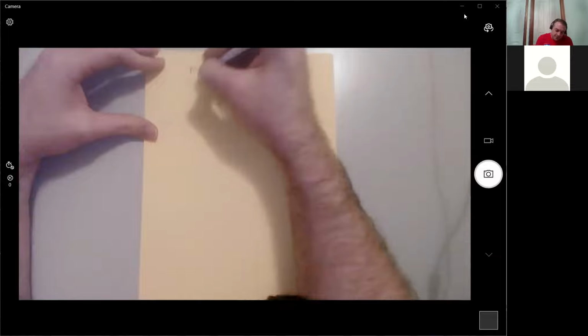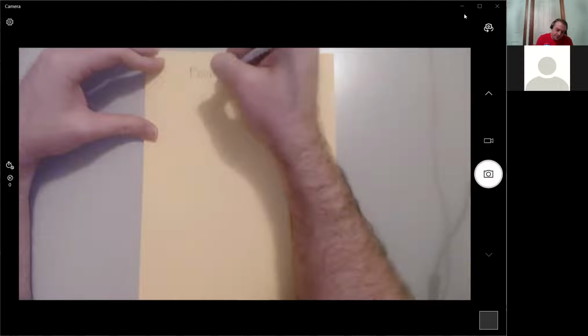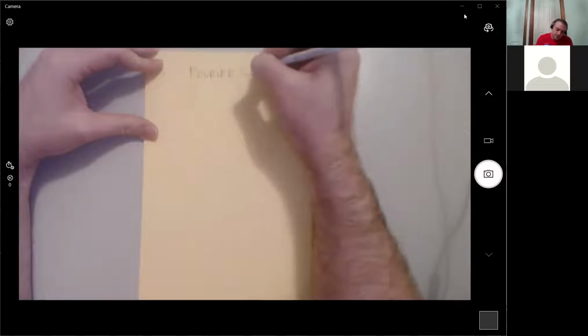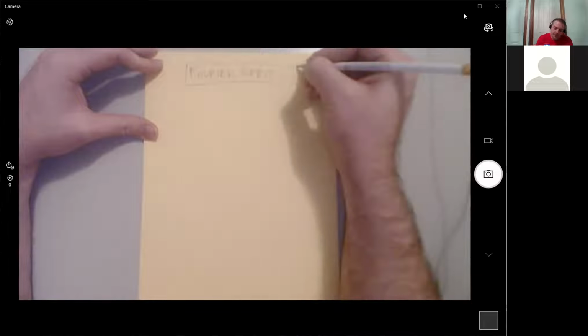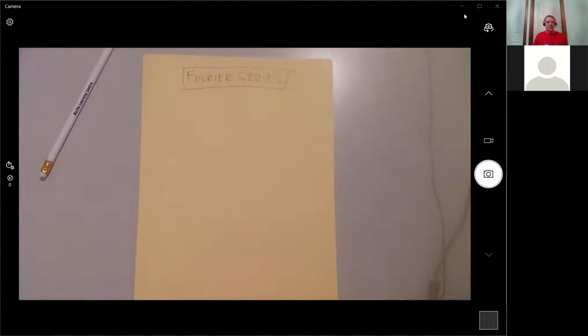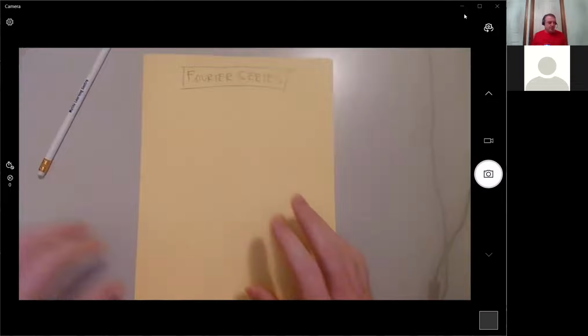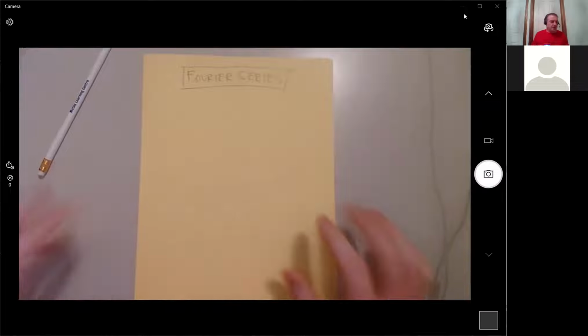Right. All right. That's pretty fuzzy, isn't it? It's marginally better. Maybe it would be better with white paper. Just a second.